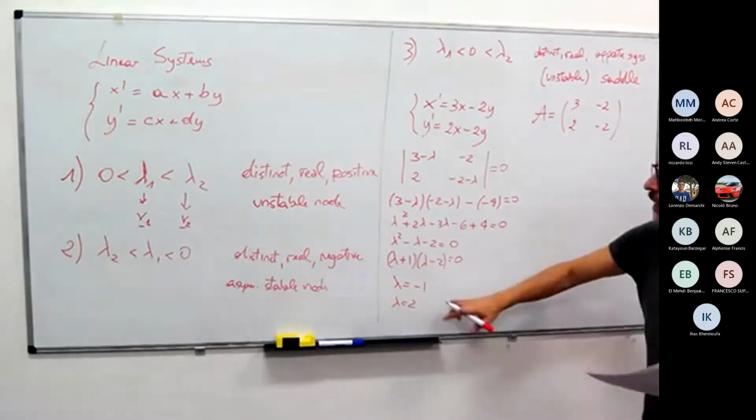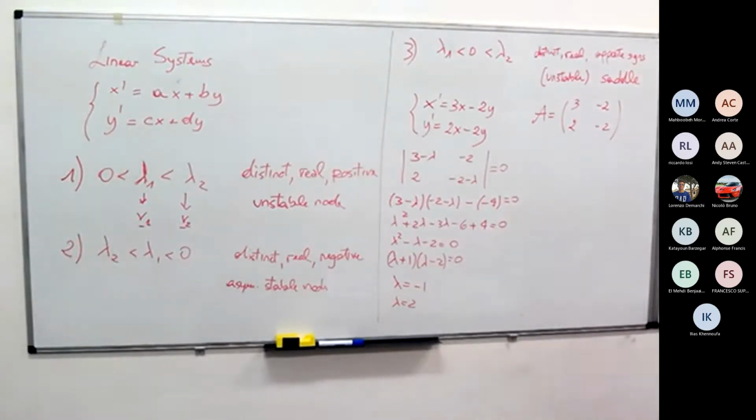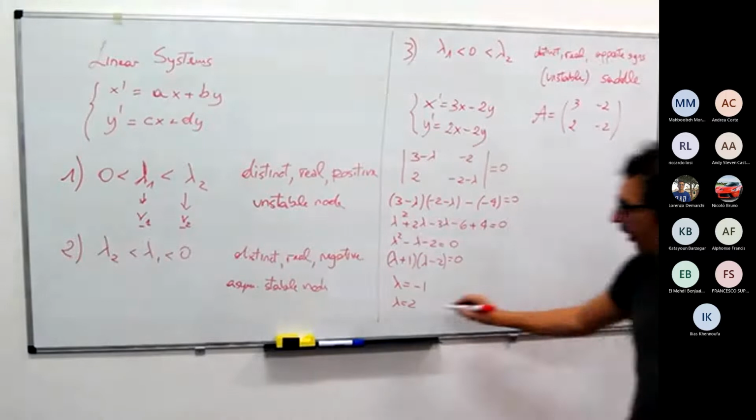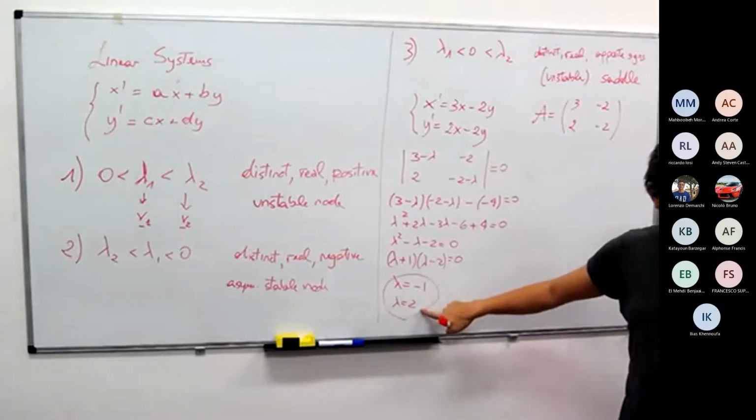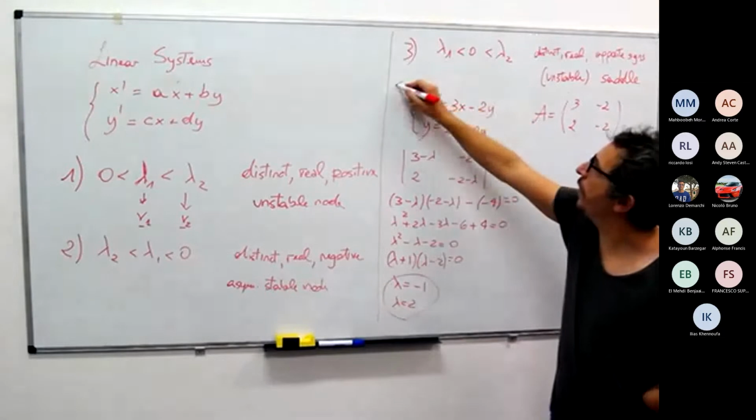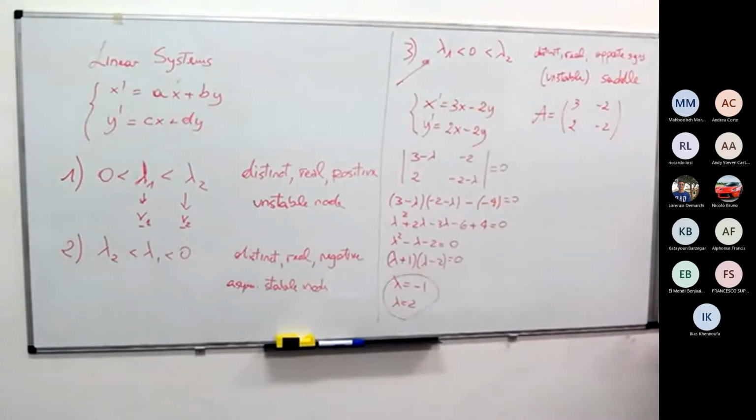So what can we say of the critical point 0, 0? It's a saddle. Correct. Just looking at this, I found the eigenvalues. This is a negative eigenvalue, the other one is a positive eigenvalue, so I'm in the case 3. So for sure, 0, 0 is an unstable saddle.